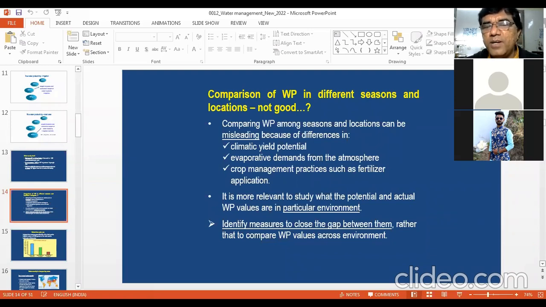It is more relevant to study what the potential and actual water productivity values are in a particular environment, in a particular season, so we can identify measures to close the gap between them rather than to compare water productivity values across environments. So that is just to save the water, to reduce the water input so that we can improve all kinds of water productivities.